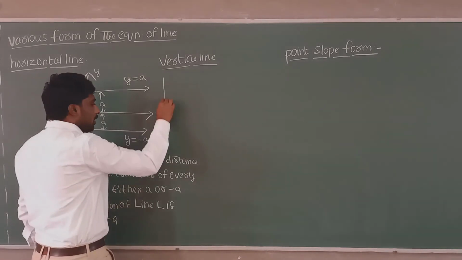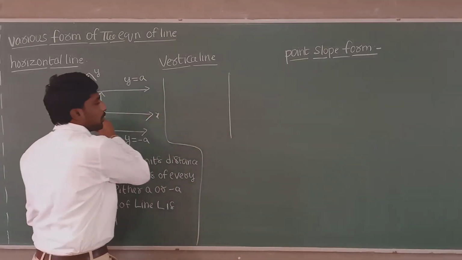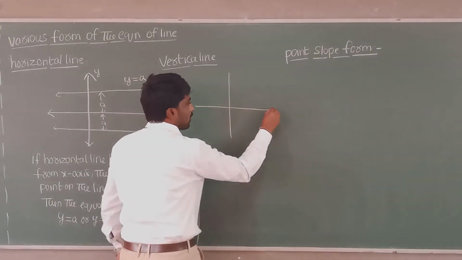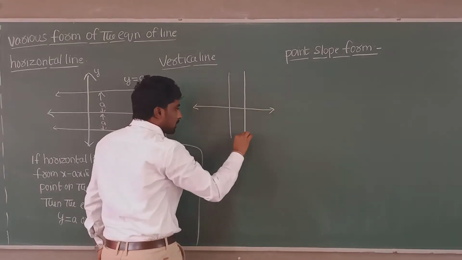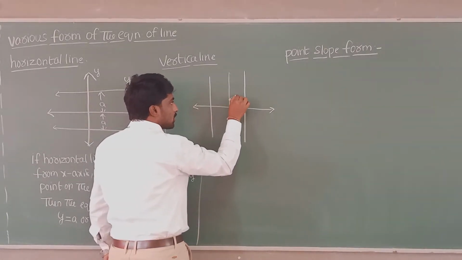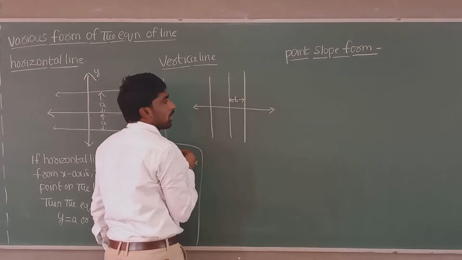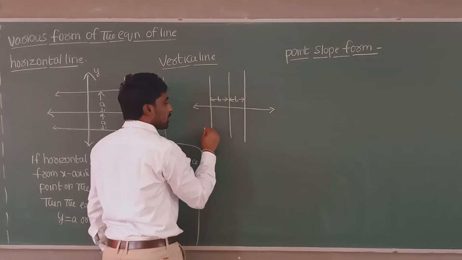Next, the vertical line. The equation of a vertical line is similar. So this is the line; the vertical line is like this. This line is b units distance from the y-axis.